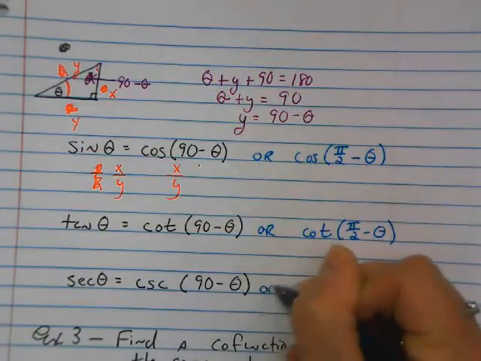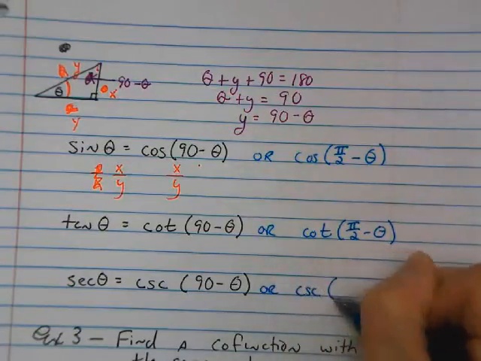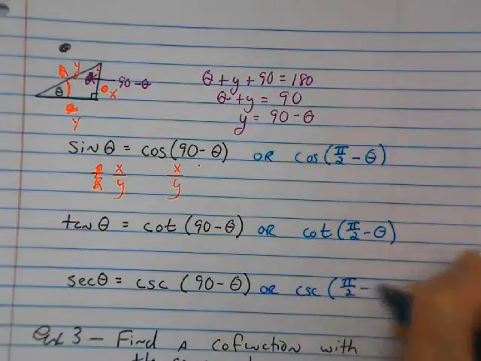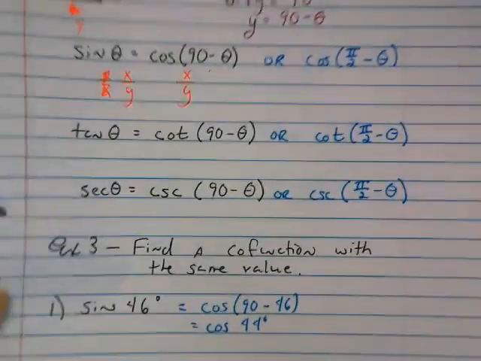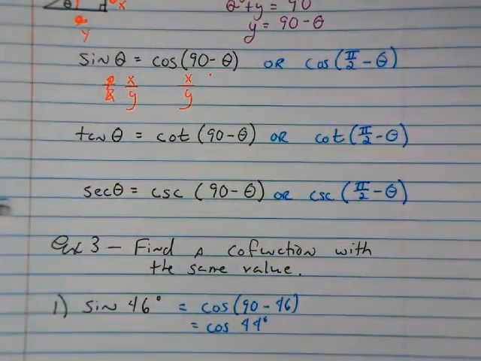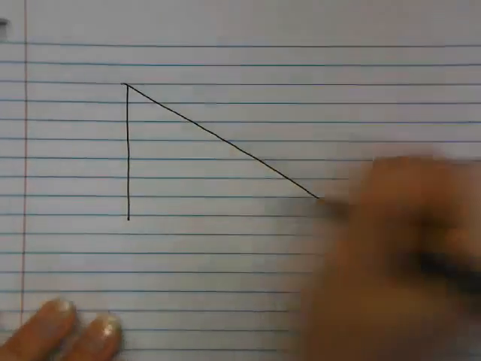Alright, so I'm going to end the video tonight leading you up to word problems that we'll tackle in class tomorrow. So the last thing we're going to do is draw yourself a nice large right triangle, and we're going to label certain parts of it. This bottom angle we're going to call the angle of elevation.